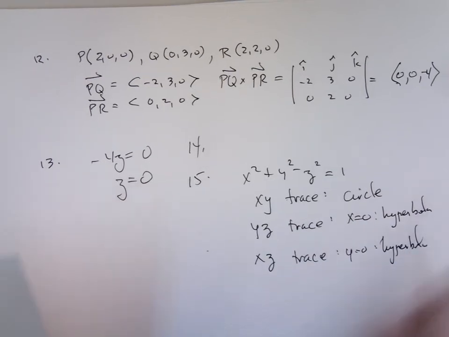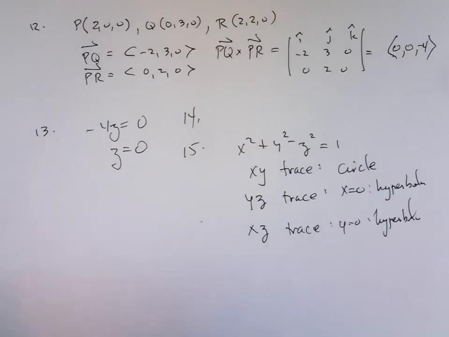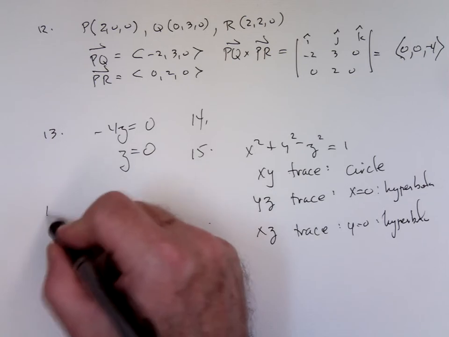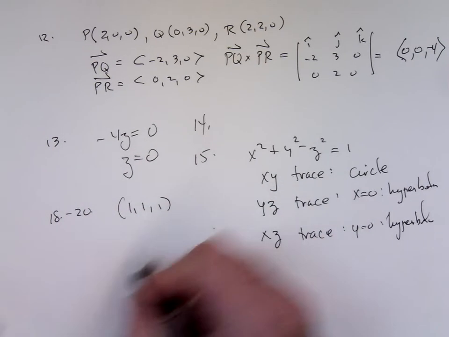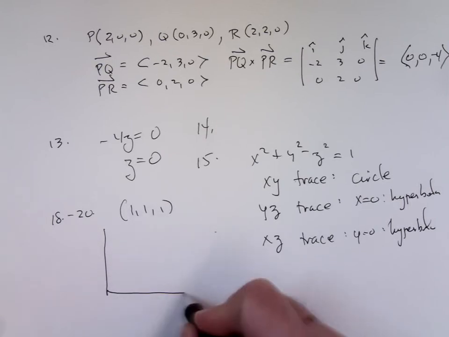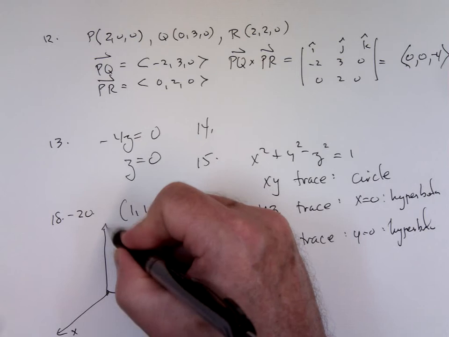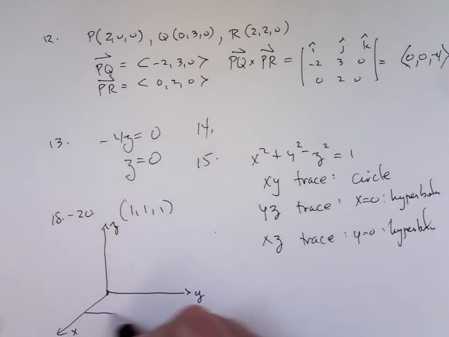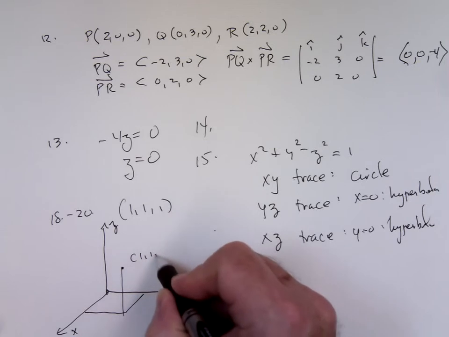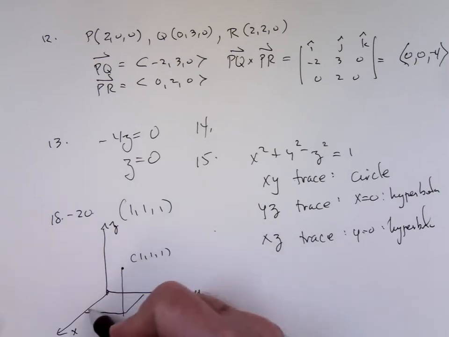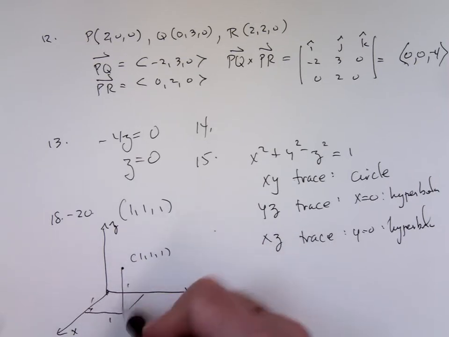Okay. And given the point 1, 1, 1 in rectangular, okay, 1, 1, 1. All right, what do we need here?